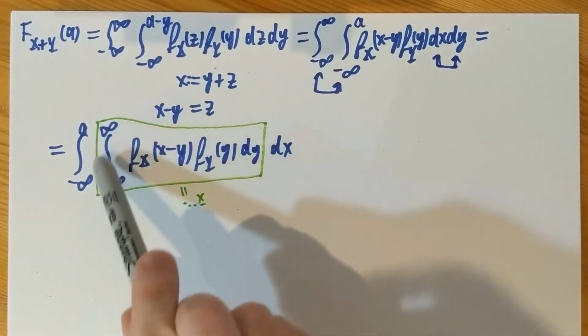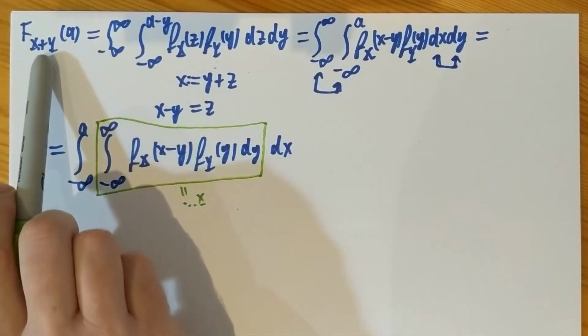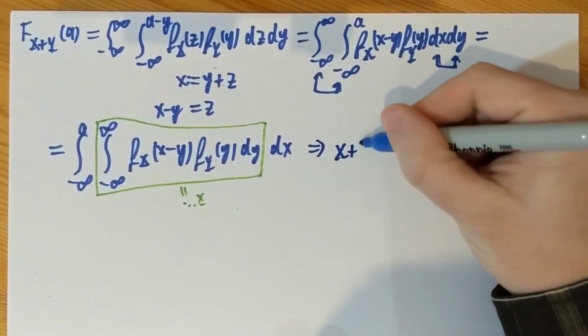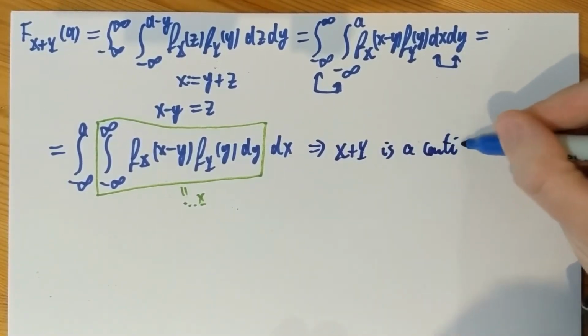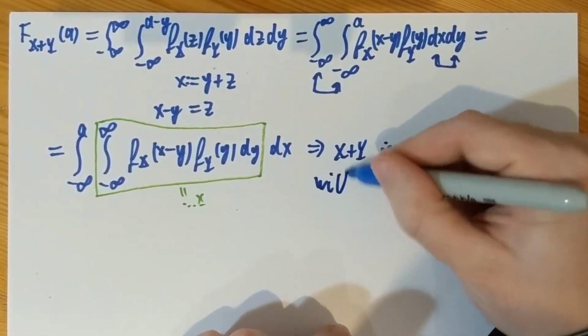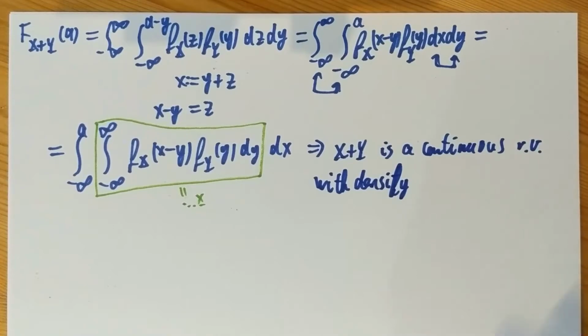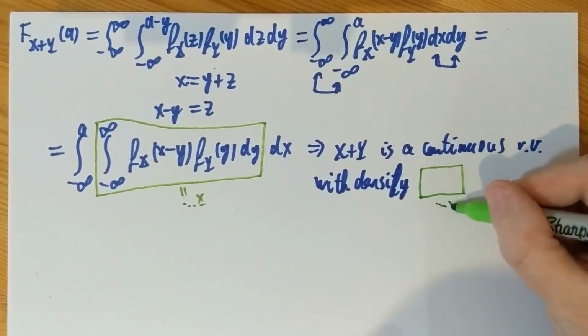I am integrating a function that depends on x from minus infinity to a, and that's how I get my distribution function for X plus Y. From here it follows that X plus Y is an absolutely continuous random variable with density exactly this box here, that depends on x in it.